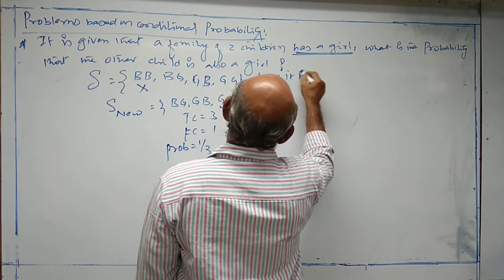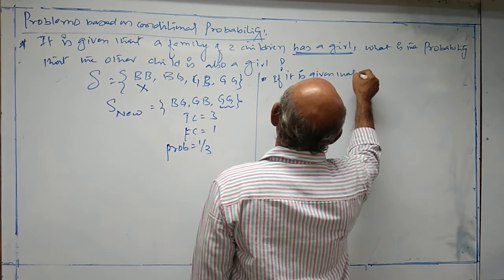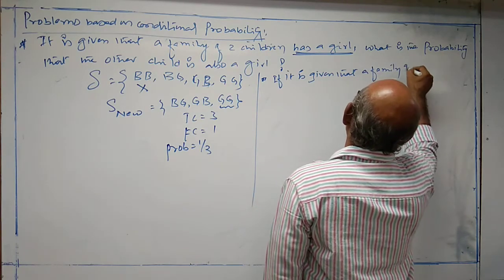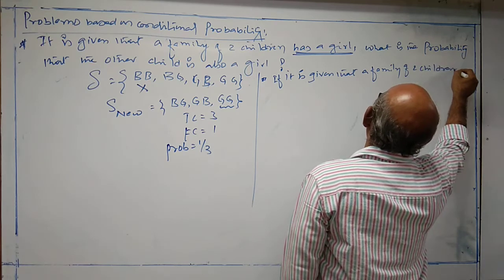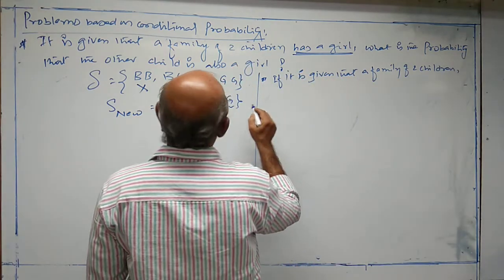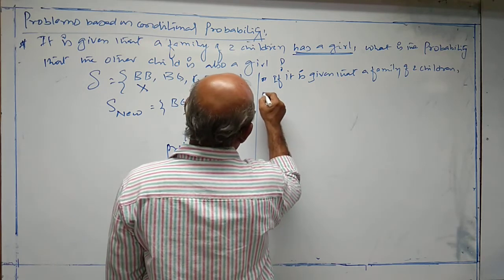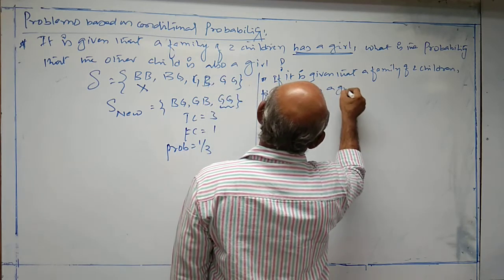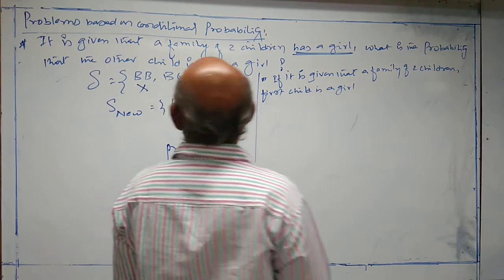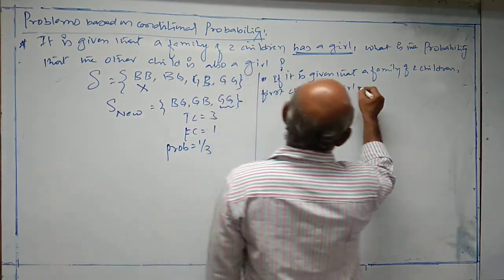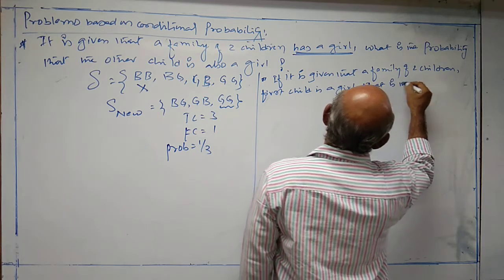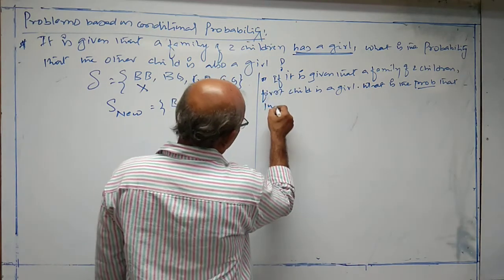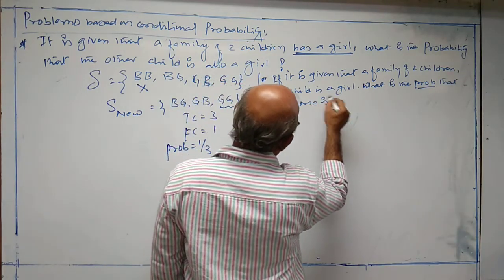If it is given that a family of two children, first child is a girl, what is the probability that the second one is also a girl?